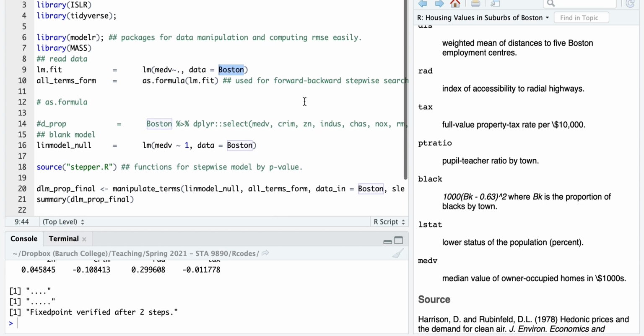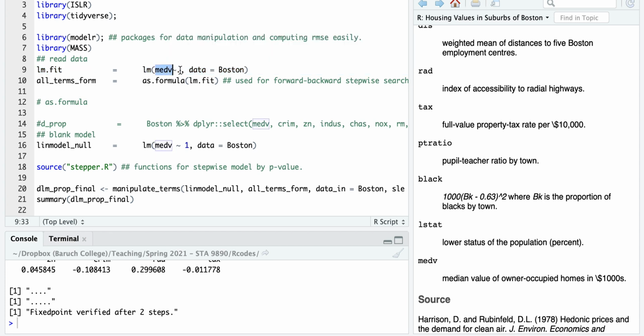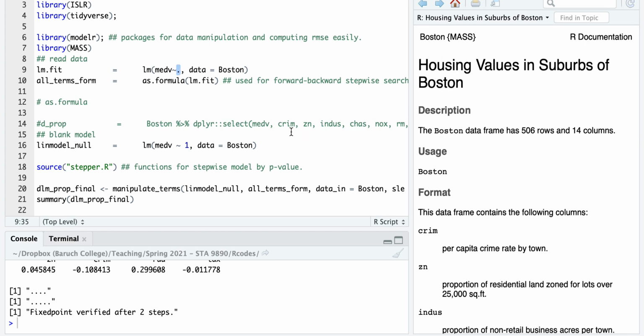And here we are fitting the median value. We are regressing it against everything else in this data, and then we're creating a least squares fit function.